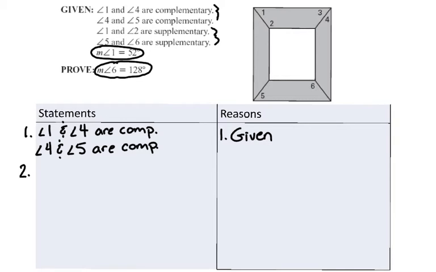And from here, if you remember the congruent complements theorem, we can say that angle 1 and 5 are congruent. Okay, so that used the congruent complements theorem.